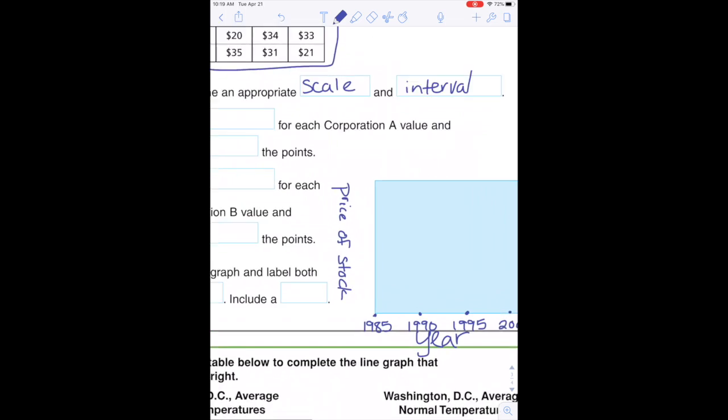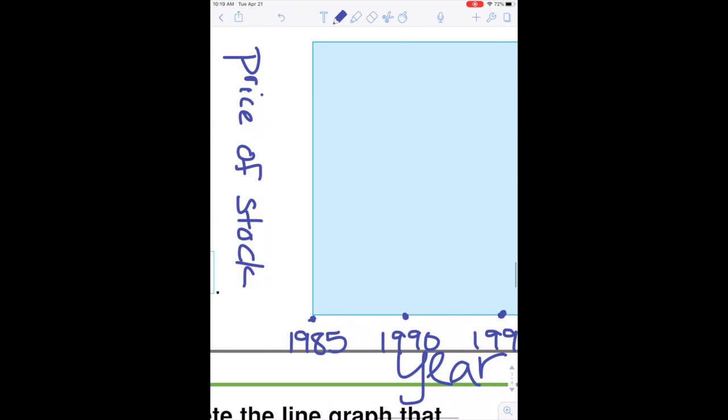So I might try to have my biggest number be 40, and I'll have my smallest number be 0. To evenly space them, I could think, what's in the middle of 0 and 40? 20. Then I'll have 30 and 10.